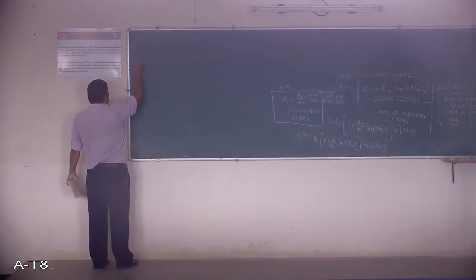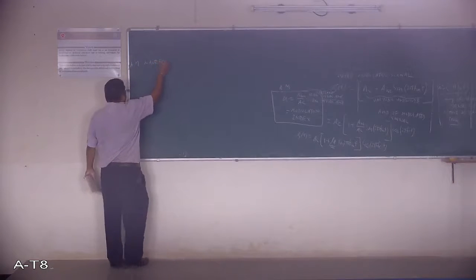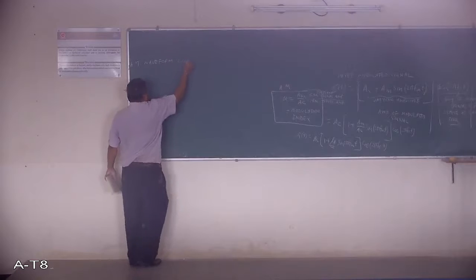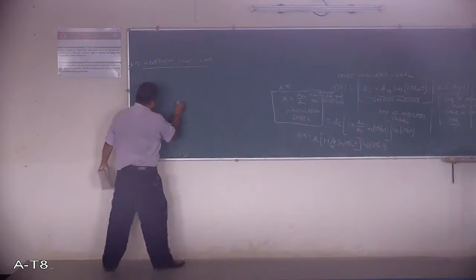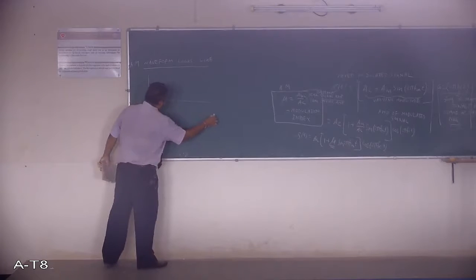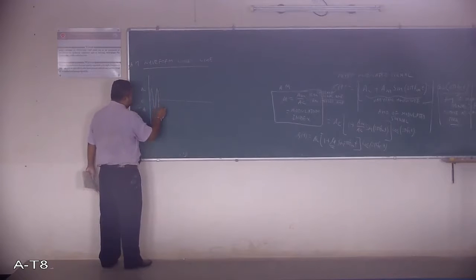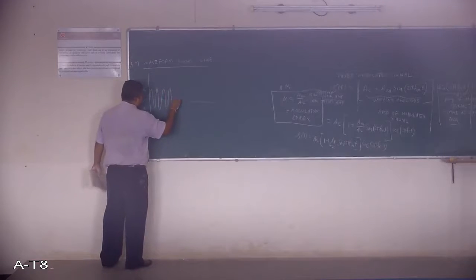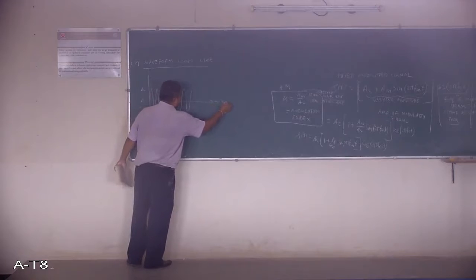How does the AM waveform look like? So we draw it. Initially we just mark this carrier frequency. So this is AC, this is minus AC, this is 0. This is the initial carrier frequency, like this. This is T time in seconds.